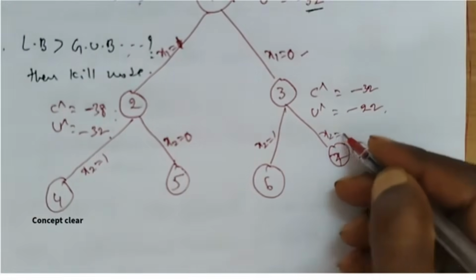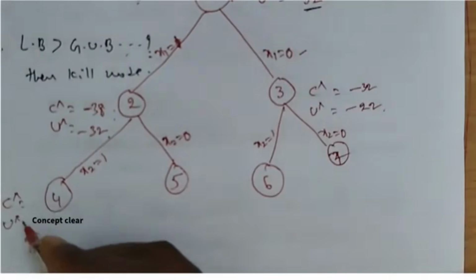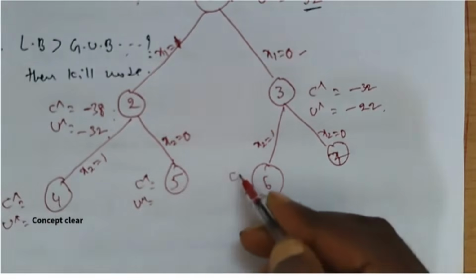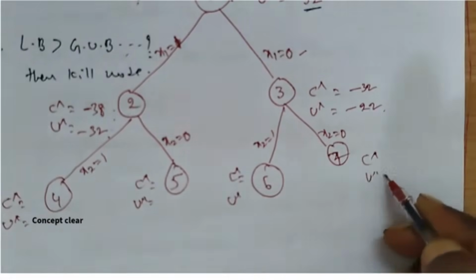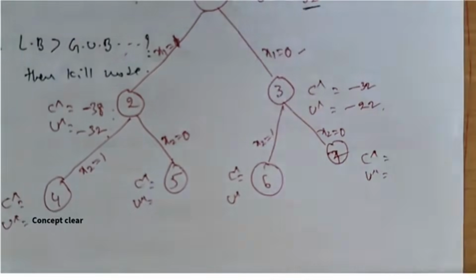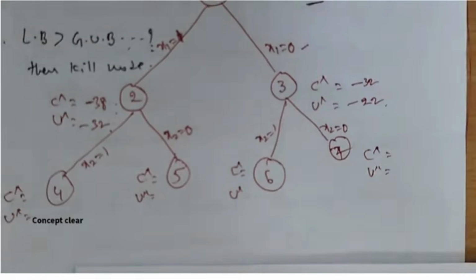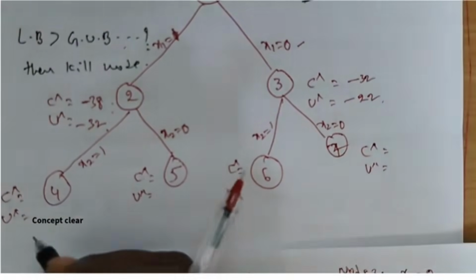Here x2 equals 0. We have to calculate the lower bound value and upper bound value here, here, and here. For the time being I am writing these values directly, and I will explain the concept.